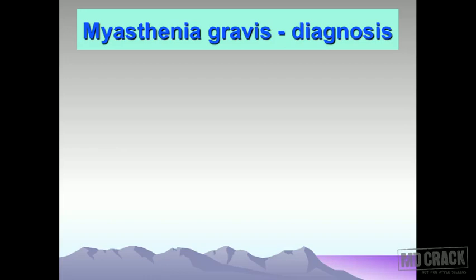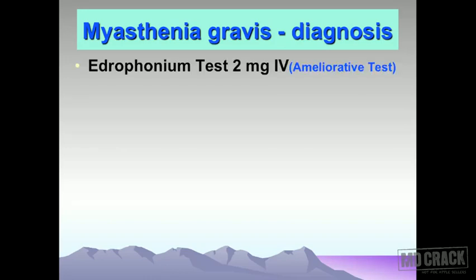How is myasthenia diagnosed? The first test, which is most commonly used for diagnosis of myasthenia, is called the Edrophonium Test. Edrophonium is injected by intravenous route in the dose of 2 milligrams, and the test is called the ameliorative test. Edrophonium is an anti-cholinesterase agent acting very rapidly.